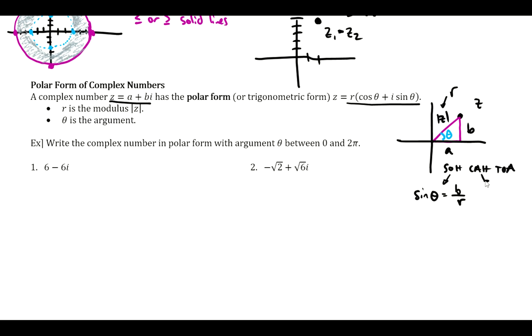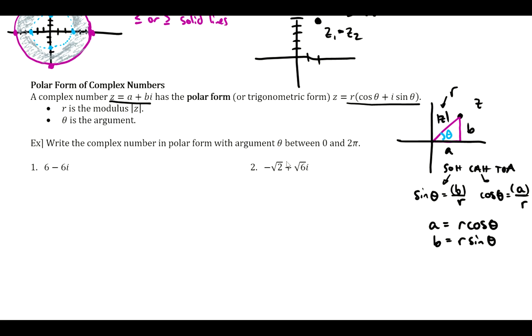And then the cosine portion, that's all I'm going to focus on, just these two, would be the adjacent side, which is a in this case, over the hypotenuse r. Let's solve for a in this cosine equation. So multiply the r over. So a is equal to r cosine of theta. Solving for b in the sine gives us b equals r sine of theta.